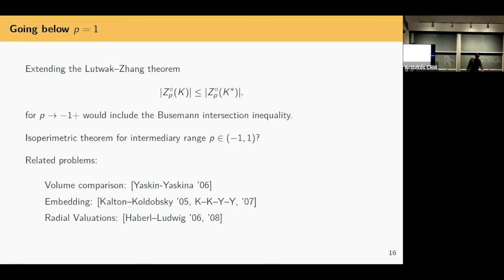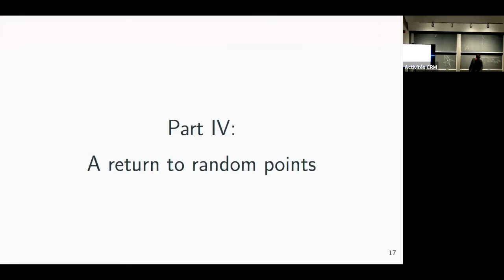Along these lines, studied from a geometric perspective, Kalton and Koldobsky studied the class of bodies in this range, and other geometric questions by Haberl and Ludwig were considered dual operations to valuations in convexity, but now working with radial operations. There's a bunch of work around the sets in this range, but the isoperimetric inequality is unsolved until some recent advances which I want to report on today.